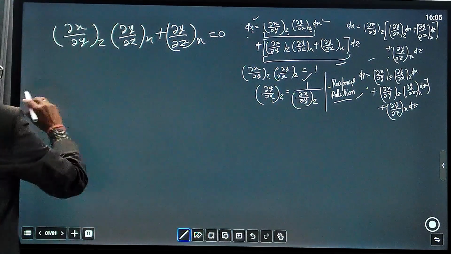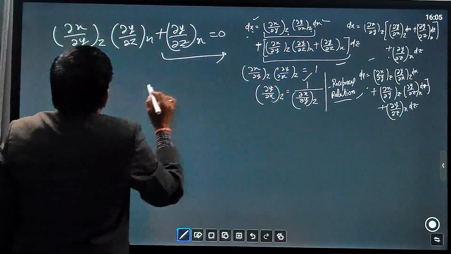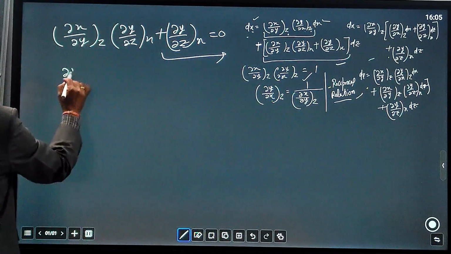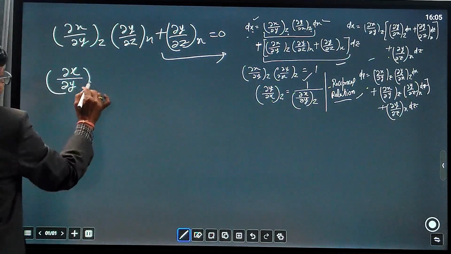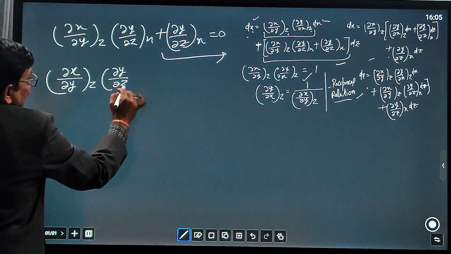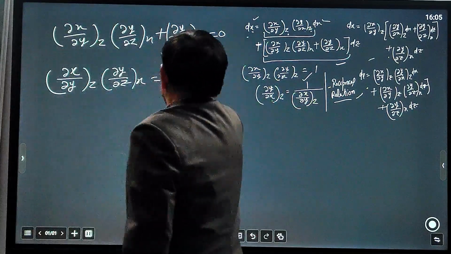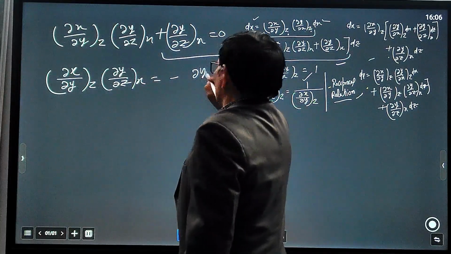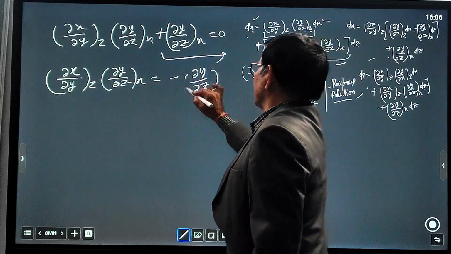So by taking this term, (∂x/∂y) at constant z times (∂y/∂z) at constant x equals minus (∂y/∂z) at constant x.